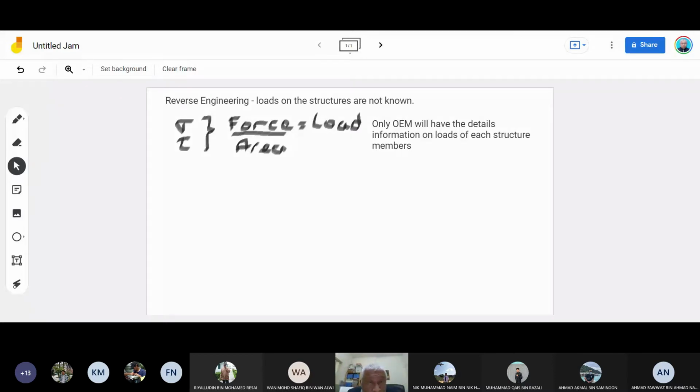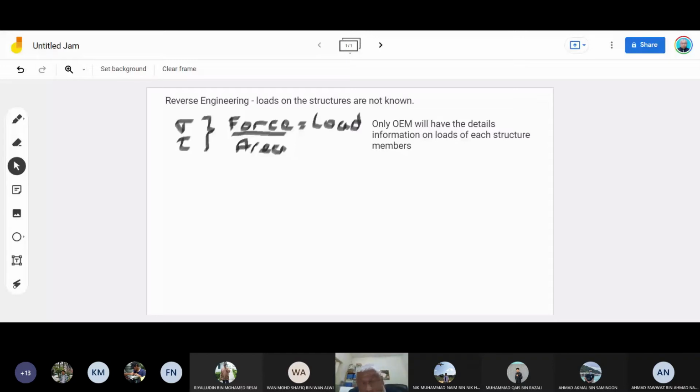Unfortunately, as we are working for the airline, we work for the MRO, we do not have that privilege unless you are a very big airline and you are an MRO for the OEM. Possibly you will get the information. If not, then we do not have access to that.